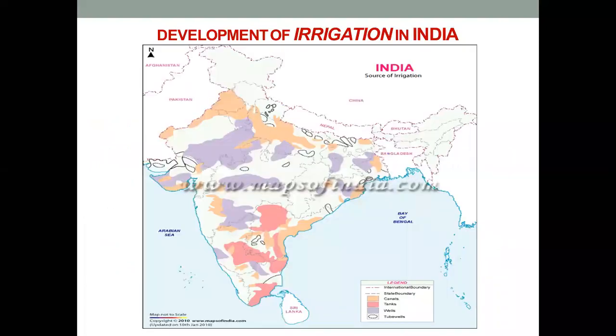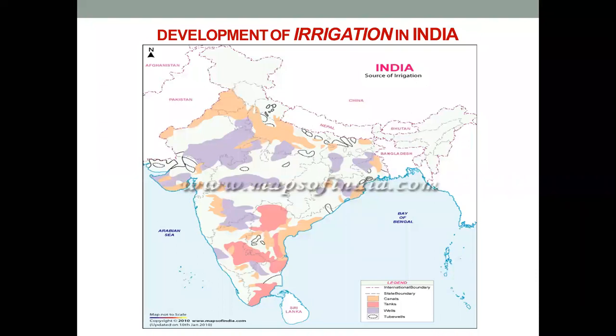So our last point in the introduction part is the development of agriculture in India. Our first unit is divided into three parts. First is the introduction to irrigation.